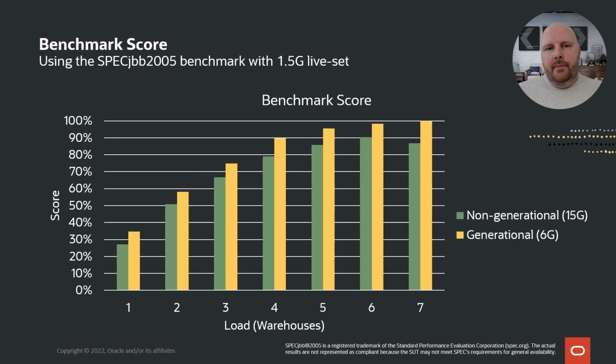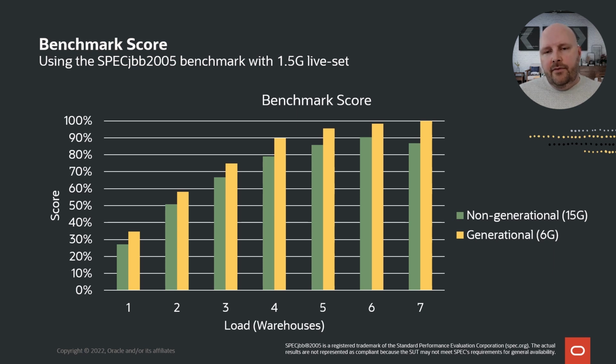Here is the benchmark score for this run, and this is maybe even more interesting. Remember, generational ZGC in yellow here uses only 6 gigabytes, and non-generational is using 15 gigabytes. Even though generational ZGC is using less memory, it actually produces a better score. And that's pretty impressive.